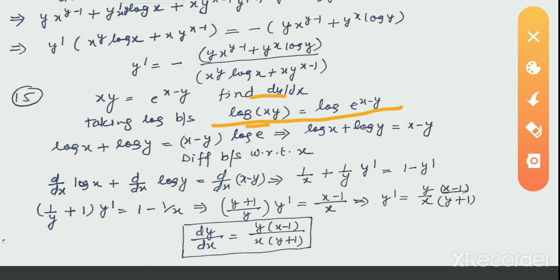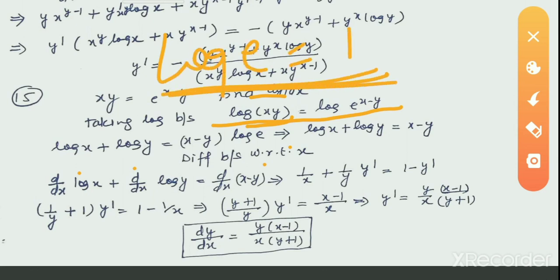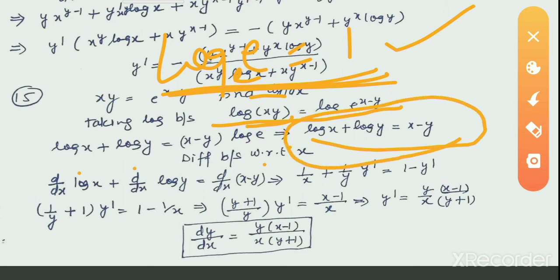Now applying properties of log, log x plus log y is equal to (x minus y) into log e, and we all know that log e base e is always 1. So now this will become log x plus log y is equal to x minus y.